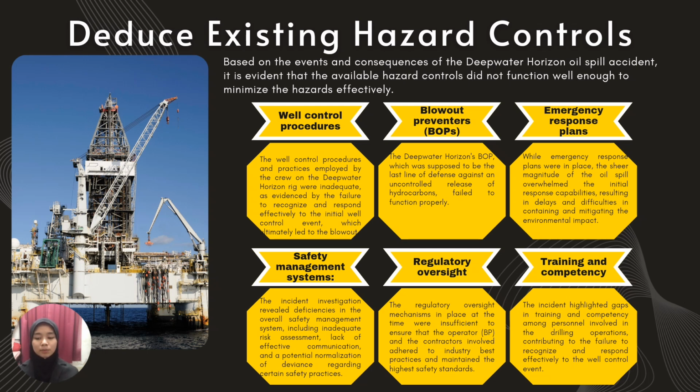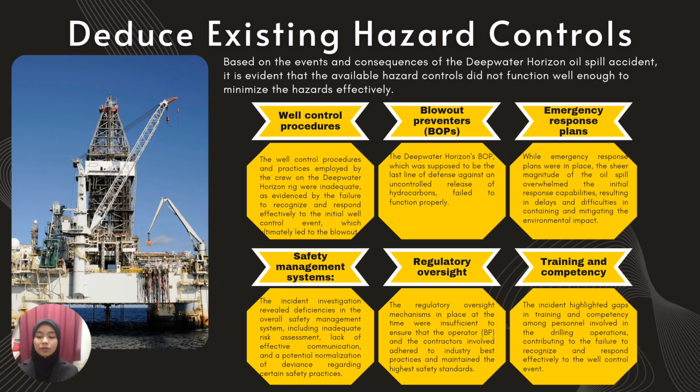Next is emergency response plans. While emergency response plans were in place, the sheer magnitude of the oil spill overwhelmed the initial response capabilities, resulting in delays and difficulties in containing and mitigating the environmental impact. Next is safety management systems. The incident investigation revealed deficiencies in the overall safety management system, including inadequate risk assessment, lack of effective communication, and a potential normalization of deviance regarding certain safety practices.